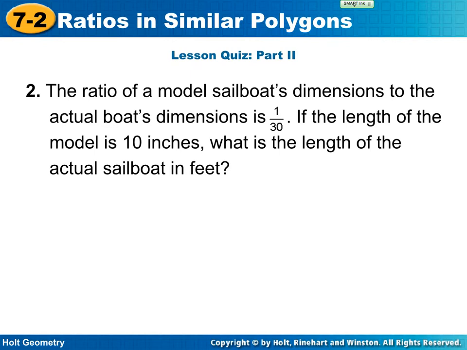X. So then you're cross multiplying, what do you get? 300? 300 feet? 300 inches is what you got, right? Because you didn't specify any different units here, so 10 inches, it's 300 inches that you just found.